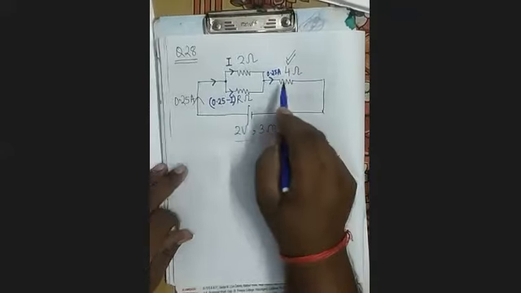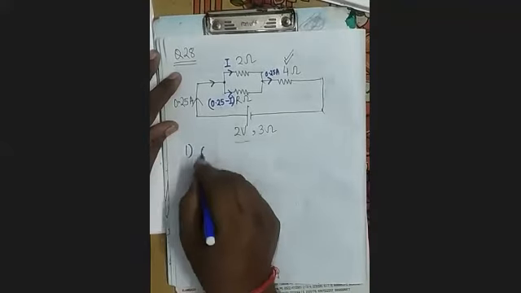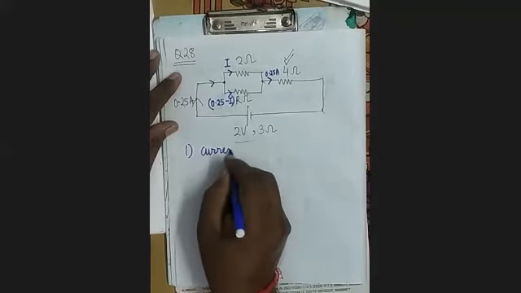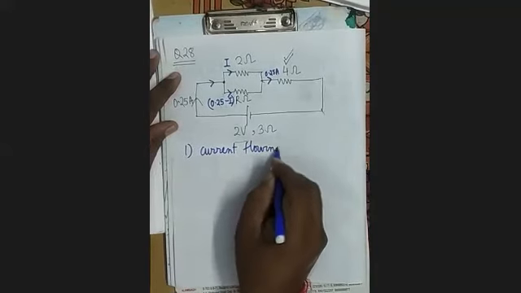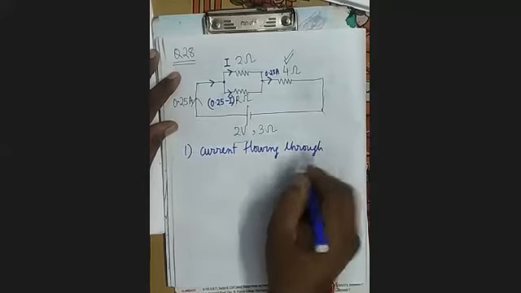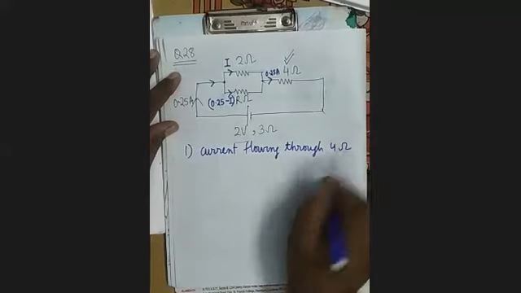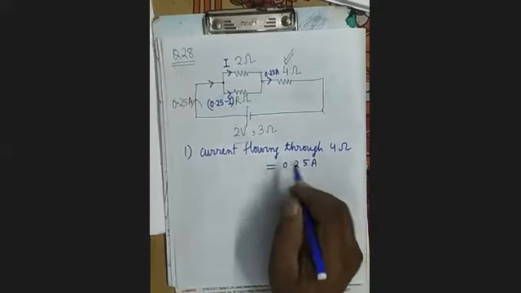Means what is the current flowing through 4 ohm? Current flowing through 4 ohm is 0.25 ampere.